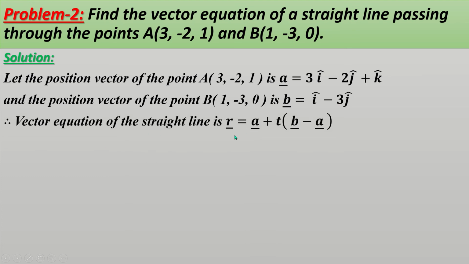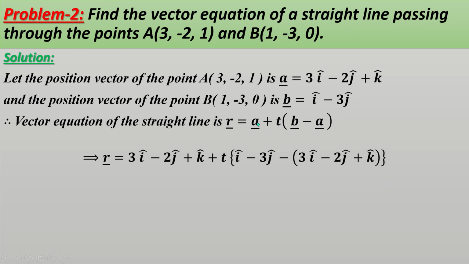Therefore the vector equation of a straight line is R vector equal to A vector plus T into B vector minus A vector. We know this formula because we have already proved it in the previous slide. Now putting the value of A and B vector.